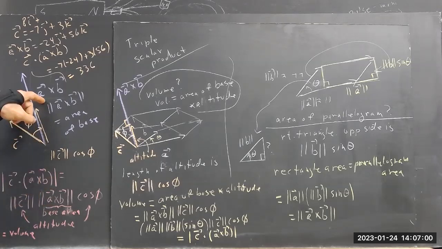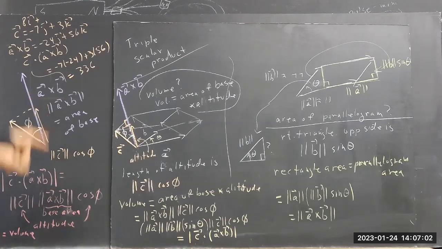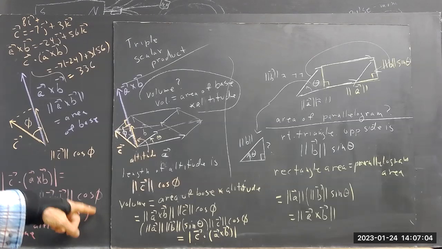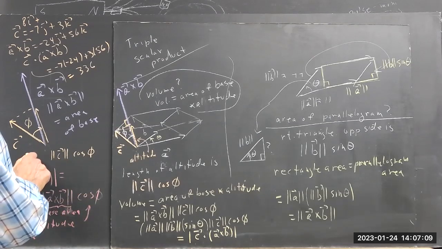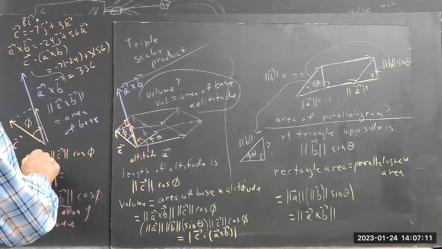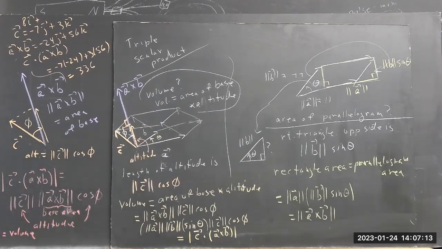Magnitude of A cross B is your area of the base, and magnitude of C cosine phi is your altitude. So this triple scalar product gives you the area of the base times the altitude, which is the volume.